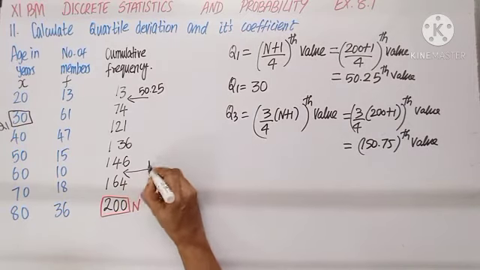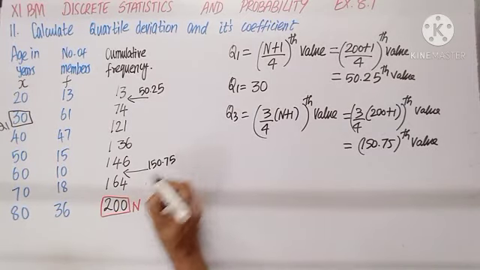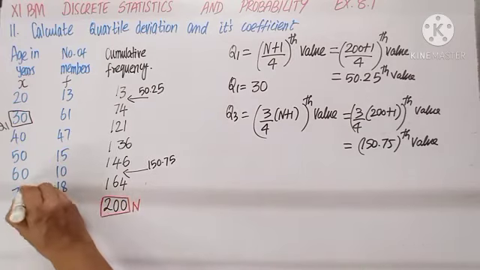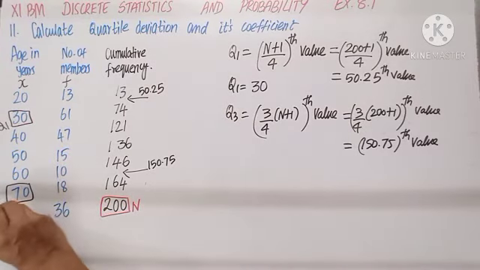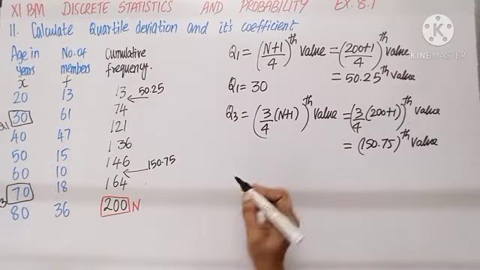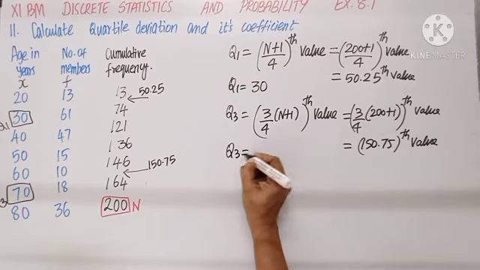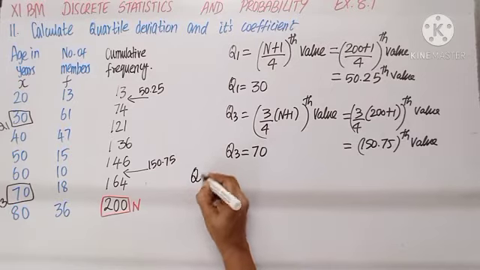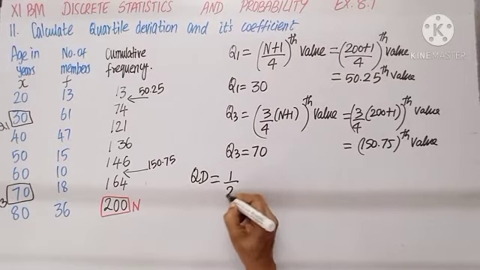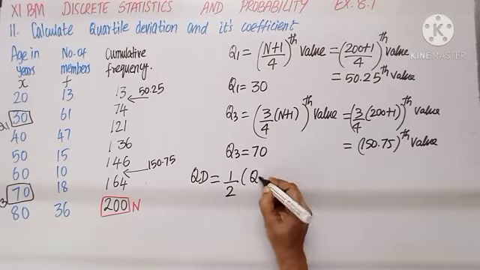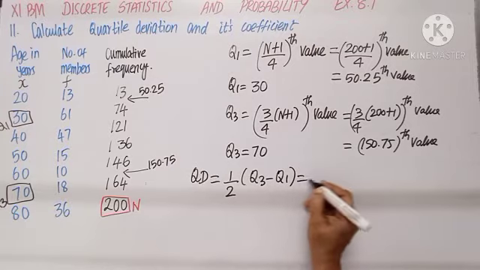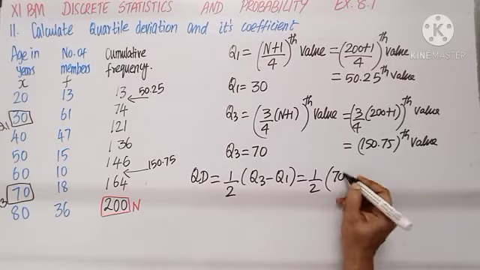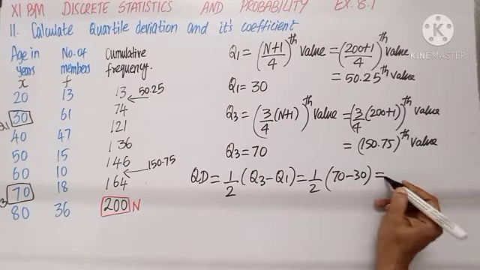Here. So 150.75 is crossed here. The corresponding X value we call Q3. So Q3 equals 70. Now we need to find the quartile deviation. The formula is half of Q3 minus Q1. That is half of 70 minus 30.